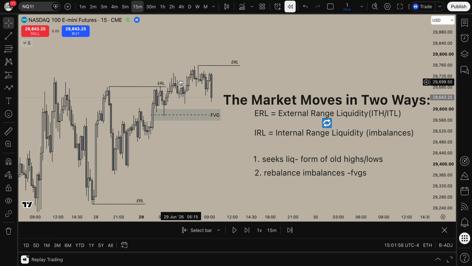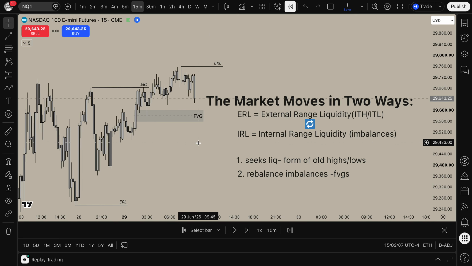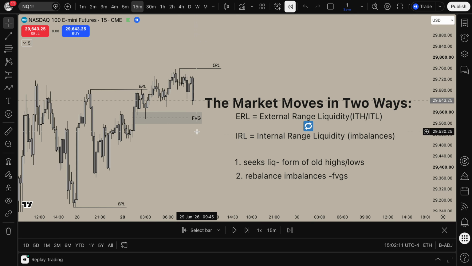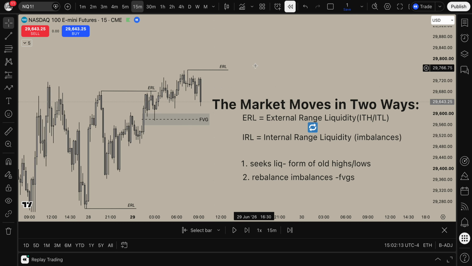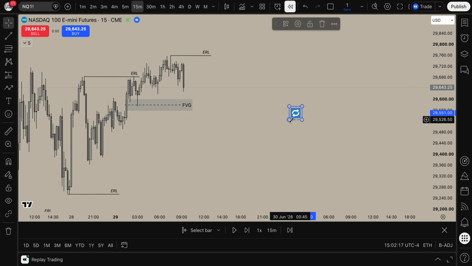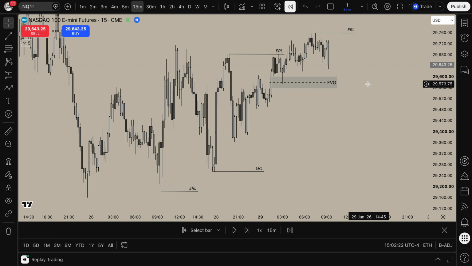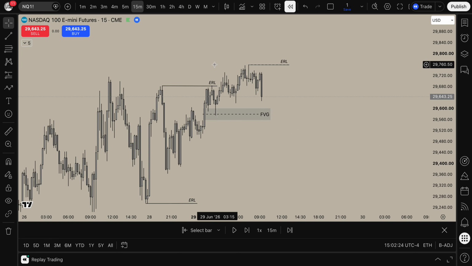We expect price to trade back into internal liquidity, which is this imbalance here, because the market has to rebalance imbalances. So in order for us to efficiently deliver price higher, we want to see us trade lower to then trade higher and take out all of this external liquidity above. I'll remove these. So yeah, we take out all these swing highs above.